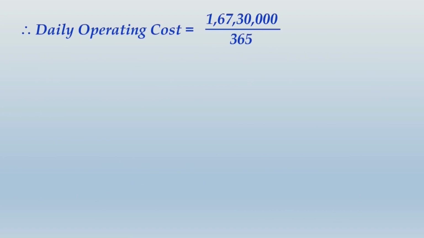Let me take you ahead and give you some more calculations. So daily cash operating cost will be 1 crore 67 lakh 30,000, that is your annual cost, simply divided by 365 days, and you will get rupees 45,836 as cash cost per day.